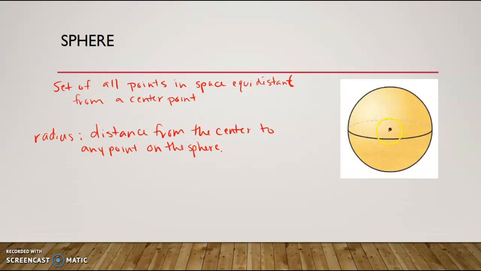That means from the center point I can go to here, and that's going to be the same distance as from the center point to there, to over here, to clear over here. So any direction, to any place on the sphere.